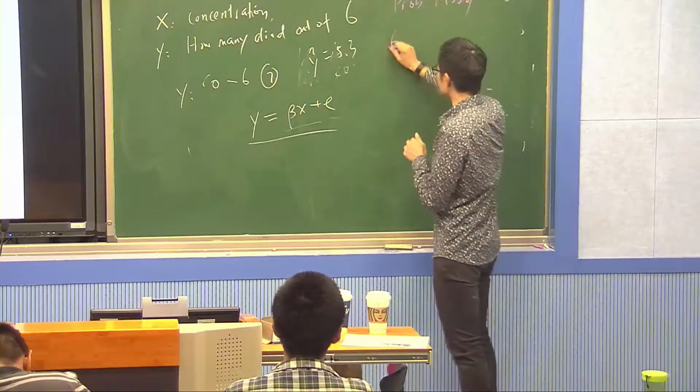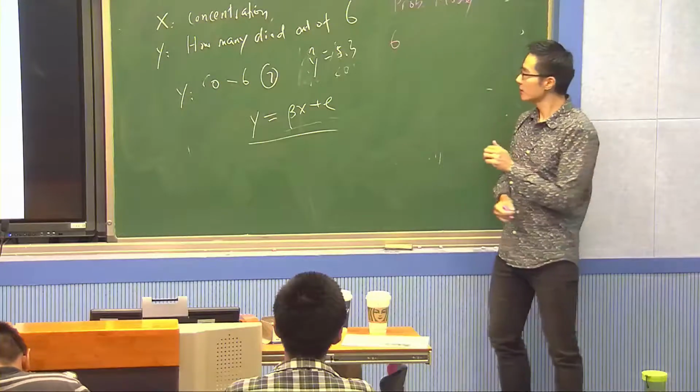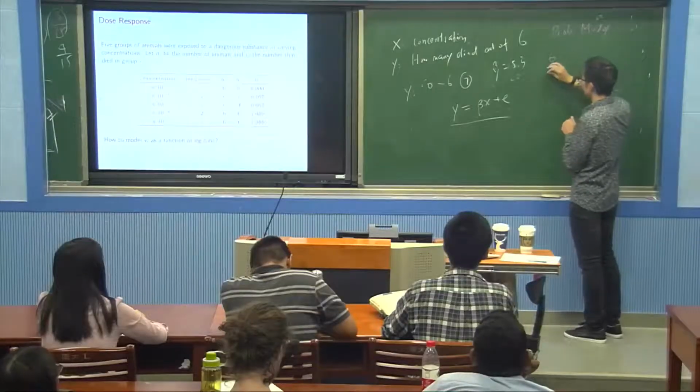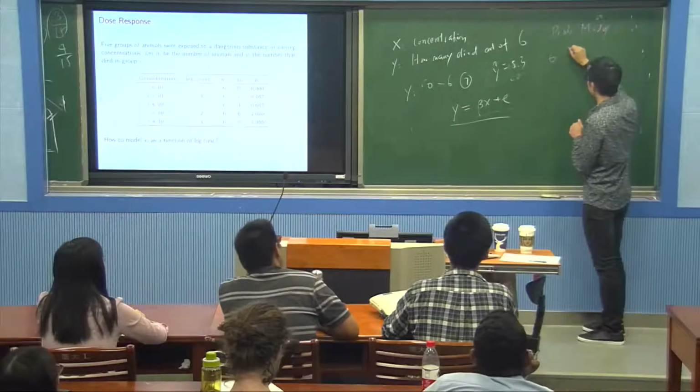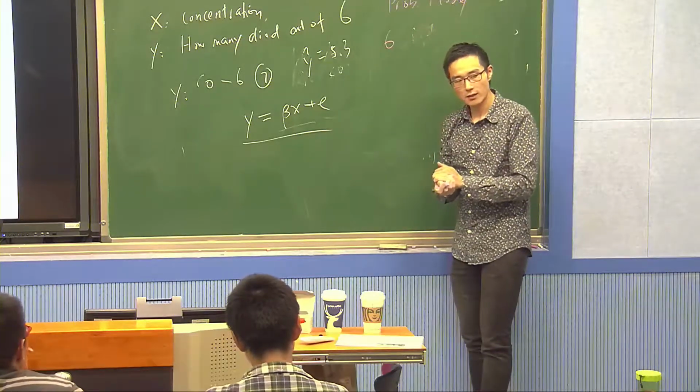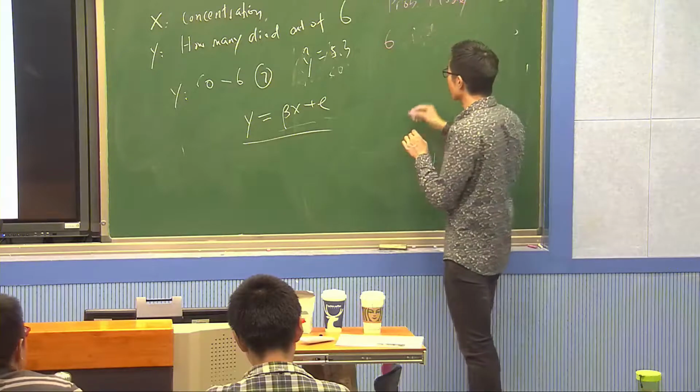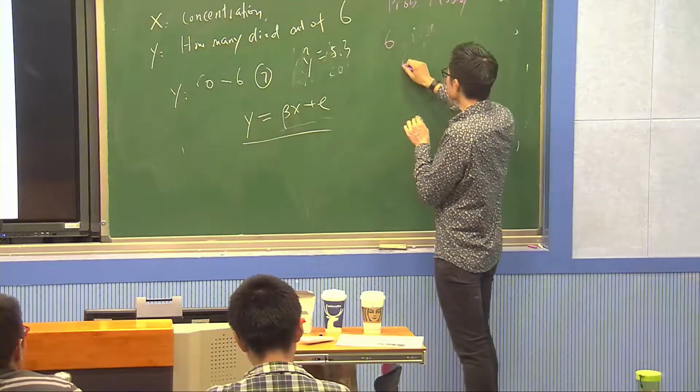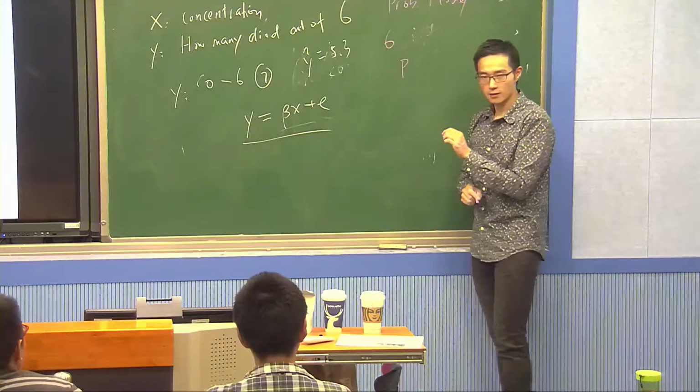There are 6 animals, okay? And I think these 6 animals are all independent, IID, okay? Just independent, they're all independent animals. Suppose each animal has a probability P of dying.